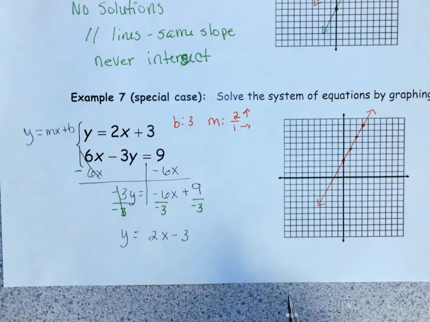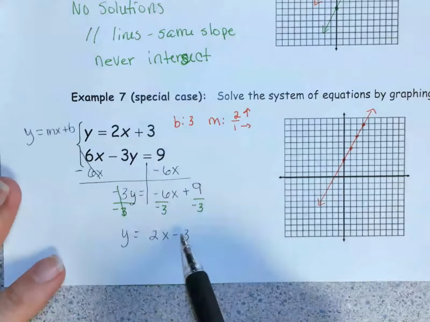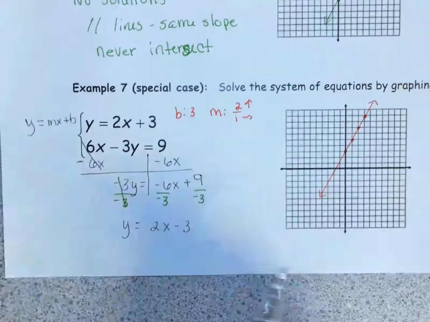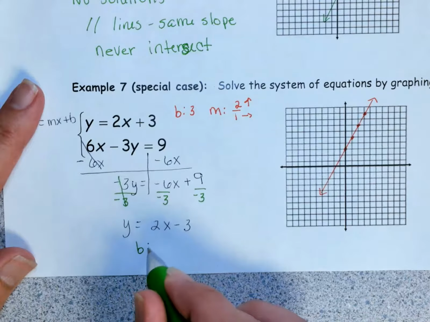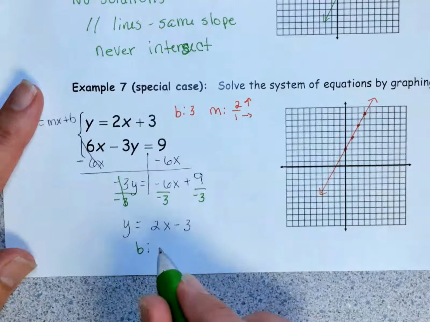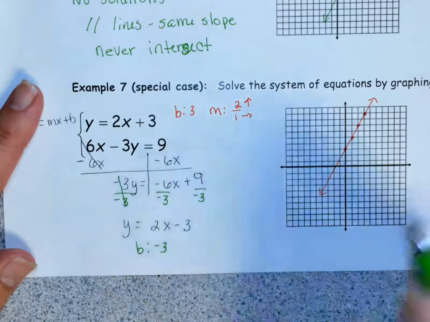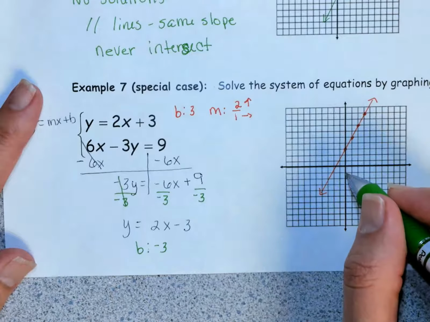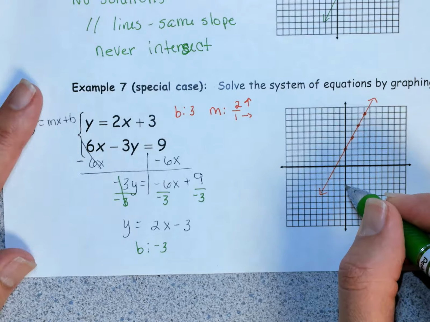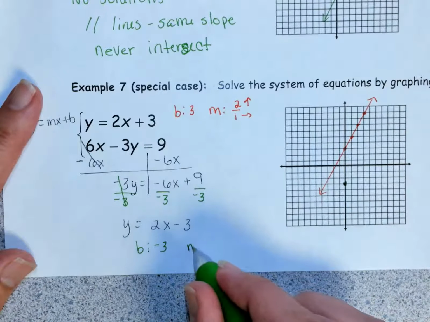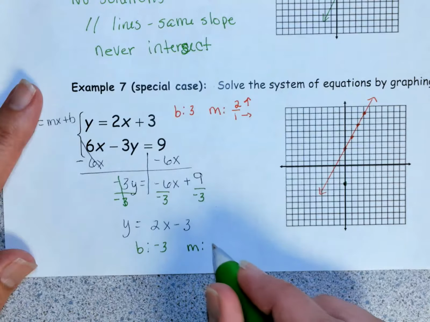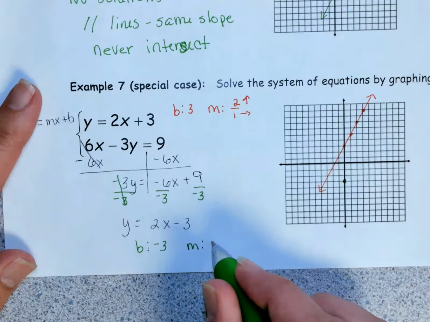So if we now look at our b value, it is negative 3. So we're going to go down here to 1, 2, 3. And our slope is 2.